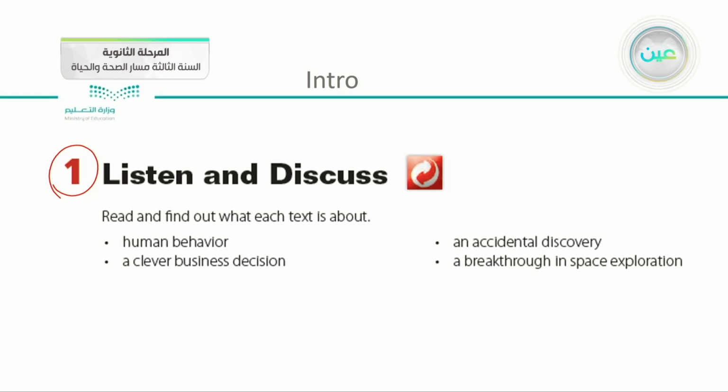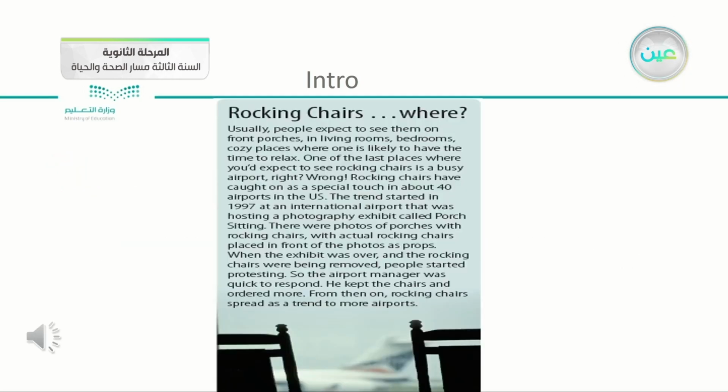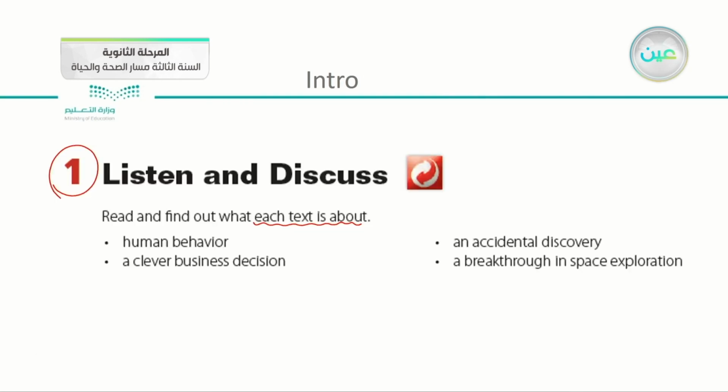Today we have to read and find out what each text is about. So we have different texts, not only one. We will read, and then we have 4 categories. Human behavior is number 1. A clever business decision is number 2.